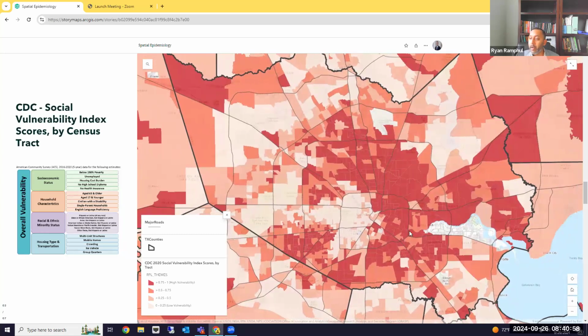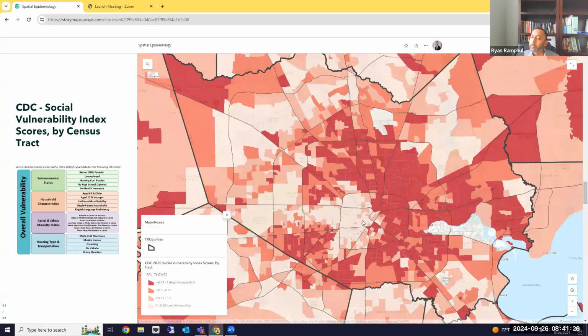The darker red areas indicate higher social vulnerability. The lighter areas indicate lower social vulnerability. Now I'm going to bring your attention to something that you probably won't be able to unsee on any other maps of Houston that you look at. Advocates in the region have taken to calling this area right here that I'm pointing to with my mouse the Houston arrow of affluence, because it kind of takes the shape of an arrow pointing to the east side.